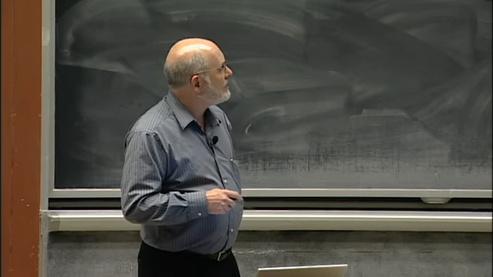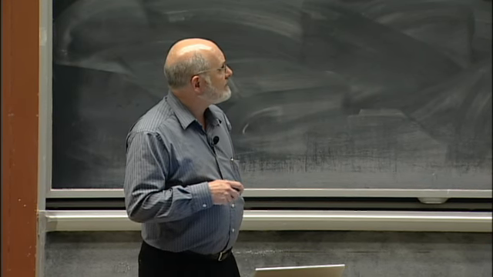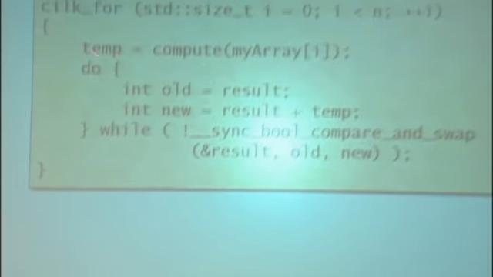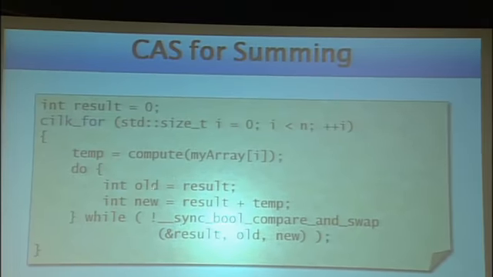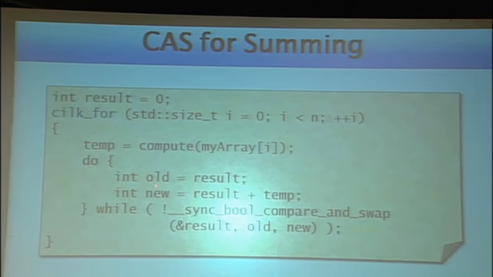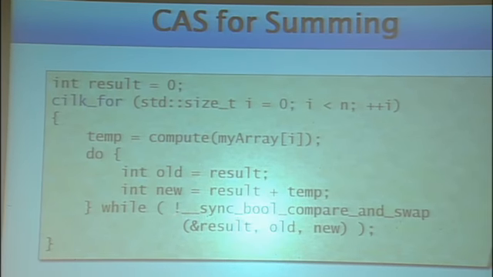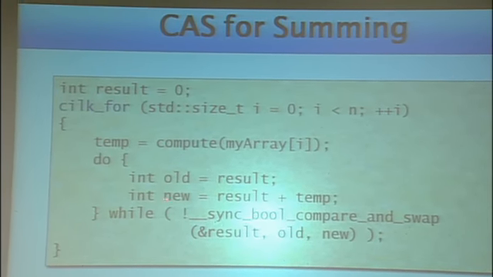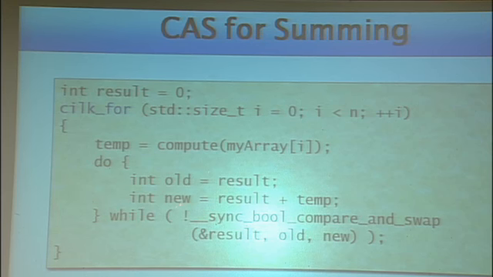Okay, so what we do is we have the same sort of code, and now what I'm going to do is compute my temporary value, and then I'll read the value of result into old. I'll then update my new value for what I think I want the result to be, the result plus the thing that I computed.